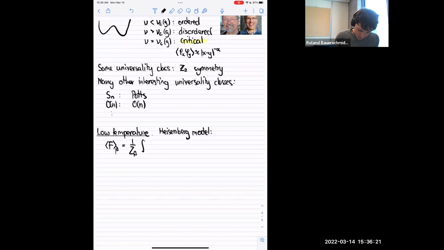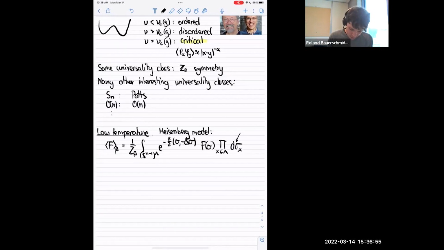For the Heisenberg On model, they take values in the sphere of dimension n minus 1, which we imagine as embedded in Rn, and then the measure is defined exactly the same way. Here, the product over sigma x is the Haar measure, the rotationally invariant measure.